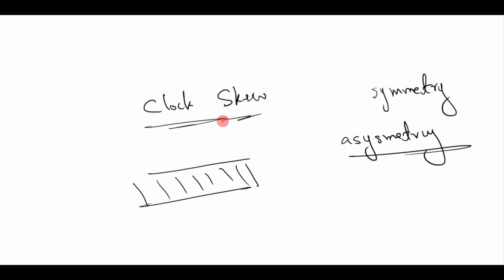So in order to meet the clock skew requirement, you can change your clock. What you have studied up till now is, you know, this is your clock, which is periodic, and this duration and this duration, they are both equal. Let's suppose this is T1, this is T2.